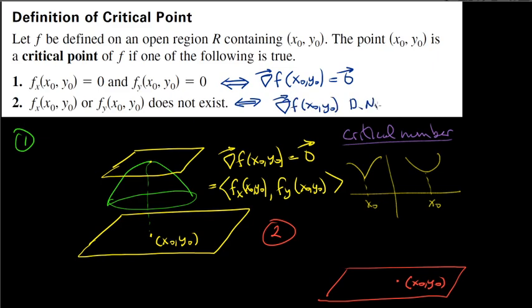In terms of the partial derivatives, it could mean that either the x partial derivative or the y partial derivative fails to exist. They don't both have to fail, although if they both do, that still qualifies. It's still a critical point.